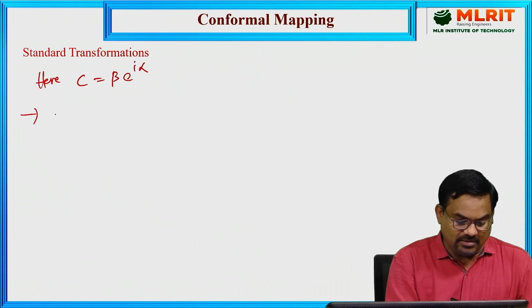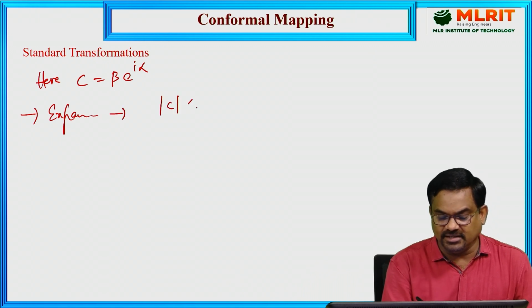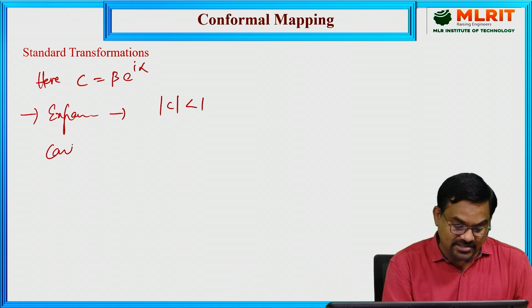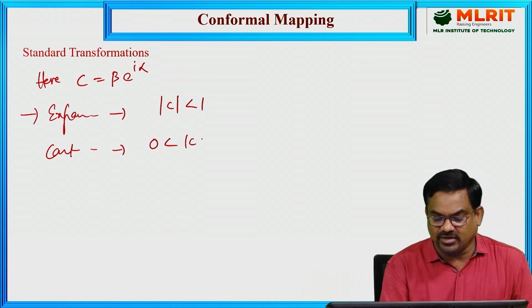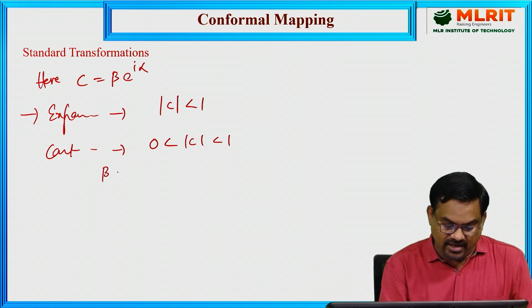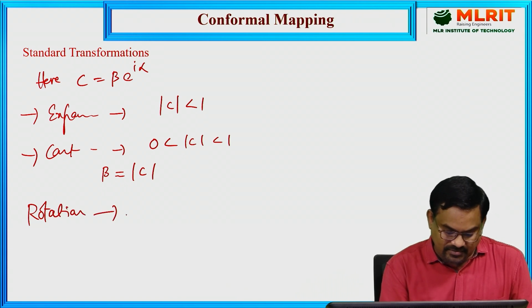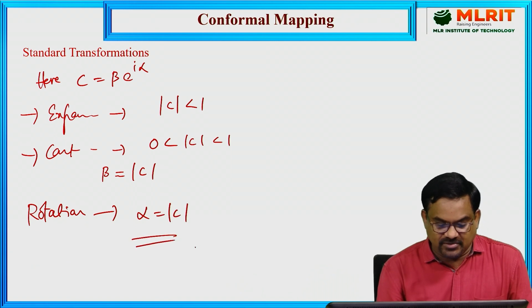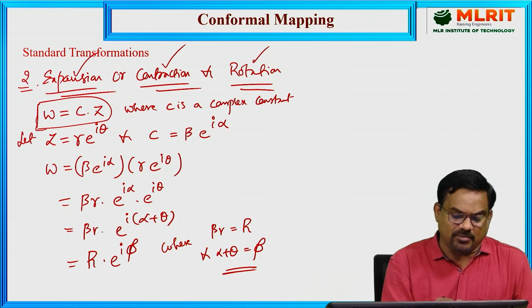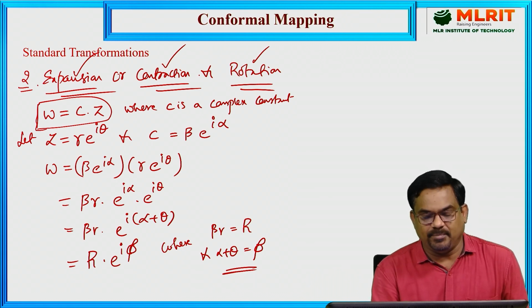So the expansion comes when this mod C is greater than 1 and contraction comes when 0 less than mod C less than 1, with a radius beta equal to mod C. And what about this rotation? Rotation comes where it will be rotated with an angle alpha equal to the argument of C. So under this transformation W equal to Cz, the expansion or contraction and rotation happens.